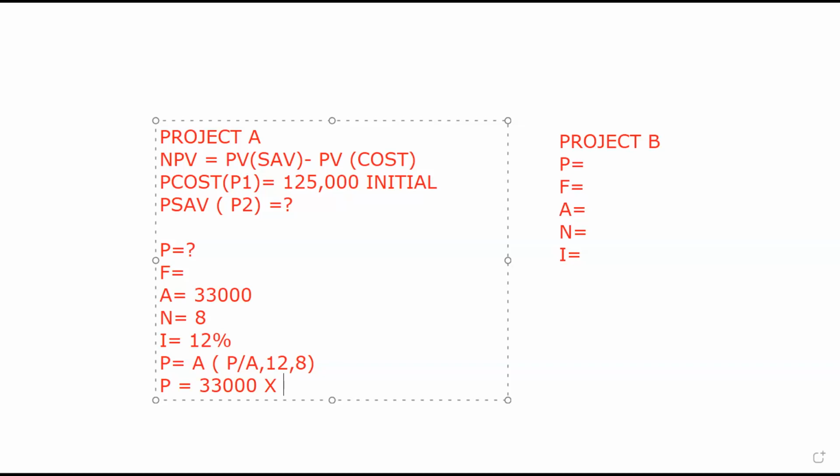Find me the present value of an annual amount of 33,000. 4.968. This other should confirm, but I think it's correct. At 8 years, check well. At 8 years, yes.